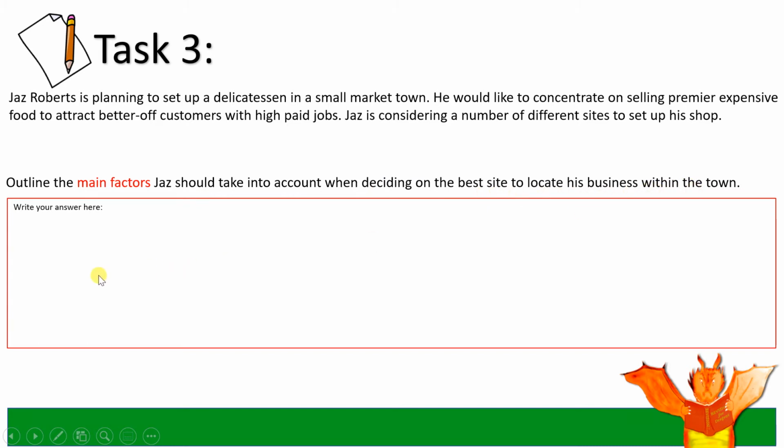So this is about you thinking about where the desired target market might live, and how Jazz needs to know where they are, so he knows where to locate the business, and that's what you need to put into your response in the box. And the dragon's there again, so yes, this is an exam response.